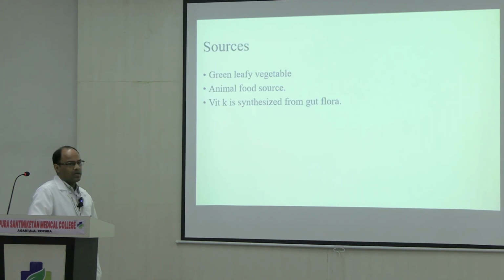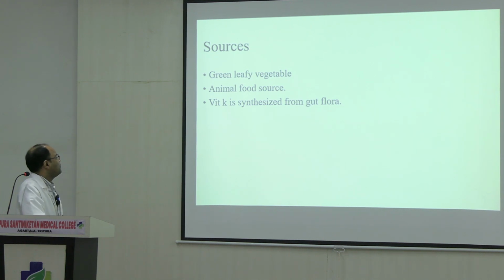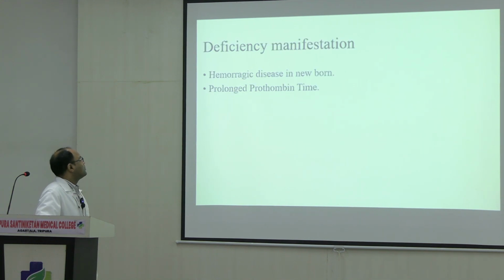Sources, as I told earlier: green leafy vegetables have vitamin K1. Animal food sources have K2, and vitamin K is also synthesized by gut flora. Deficiency manifestations are hemorrhagic disease in newborn and prolonged prothrombin time.